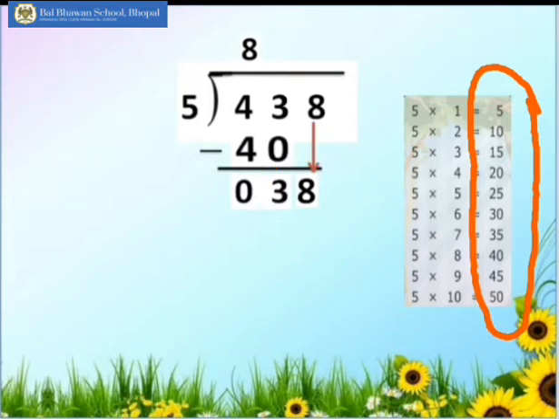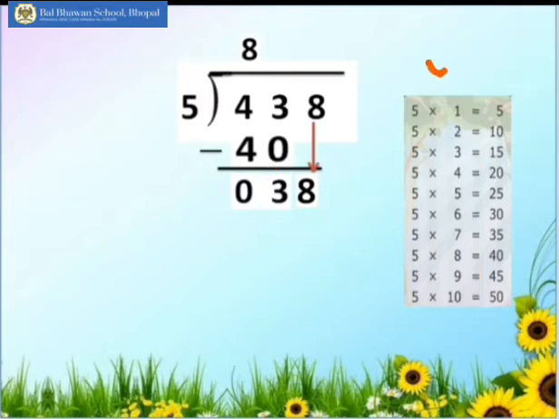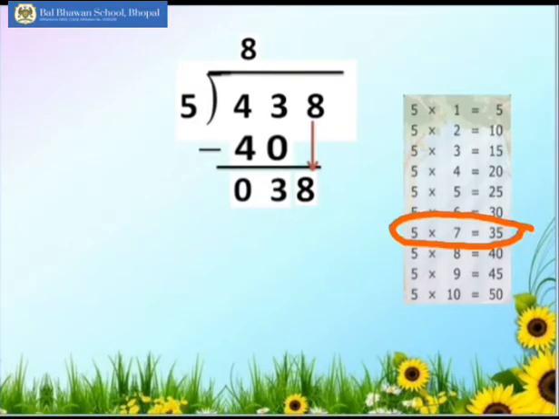As we can see here, children, 5 into 7 is 35. So children, we will write 7 here as a quotient and 35 just below 38.